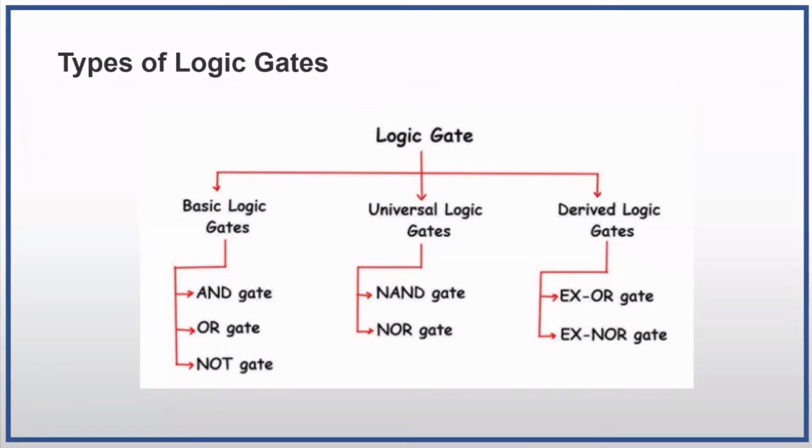The basic logic gates come with the basic arithmetic operations. The first one is the AND gate.